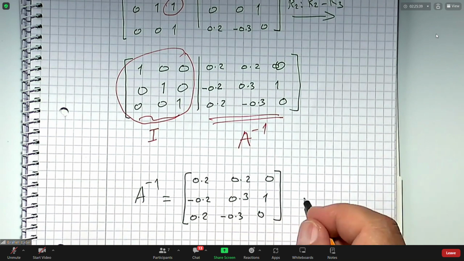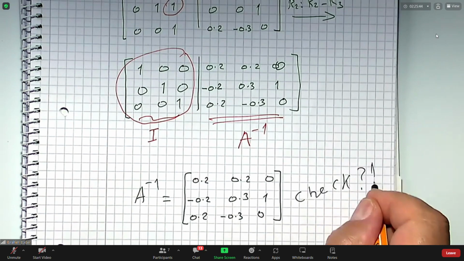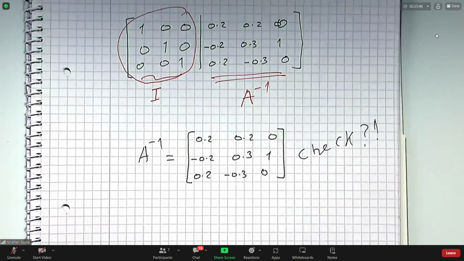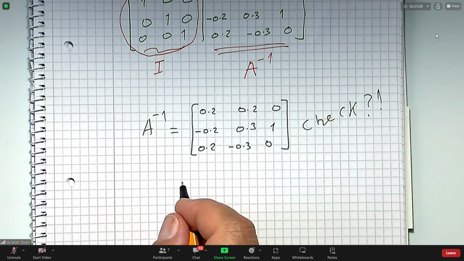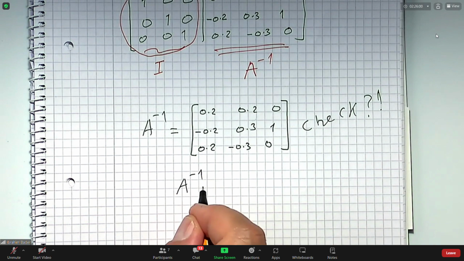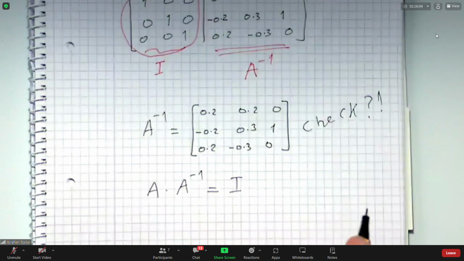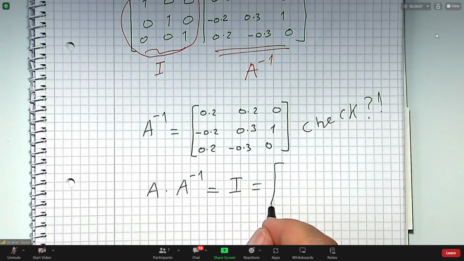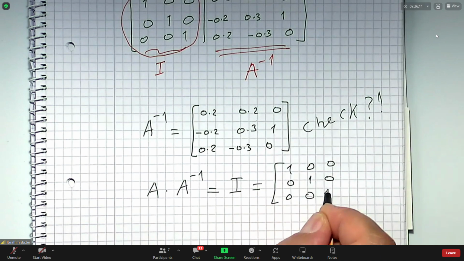And now check. What does it mean, check? It means here you go to the original matrix and multiply it either from the right or from the left with this one, and you will be getting the, let's say A multiplied with A inverse, you will be getting the identity matrix, which is 1 0 0, 0 1 0, 0 0 1.